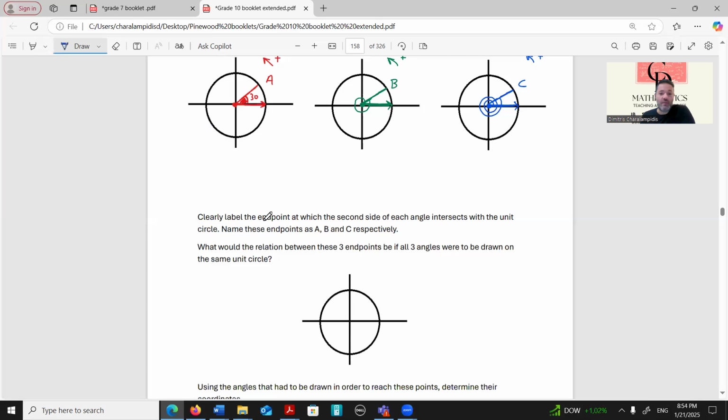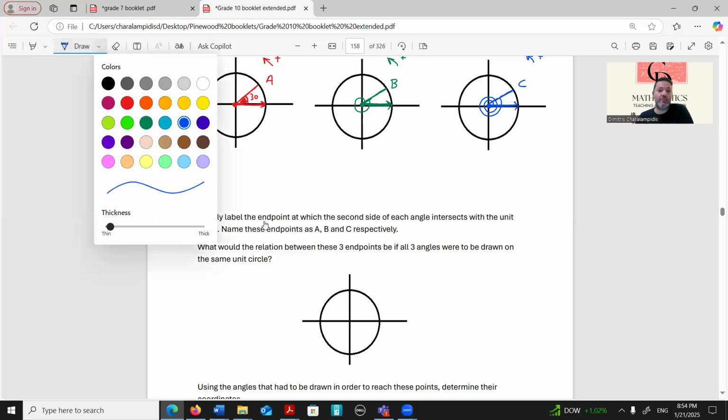What would the relation between these three endpoints be if all three angles were to be drawn on the same unit circle?